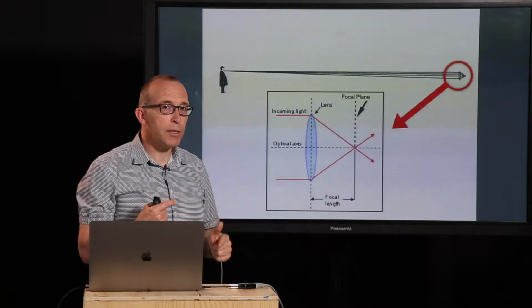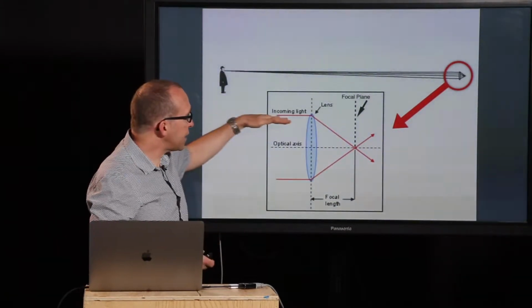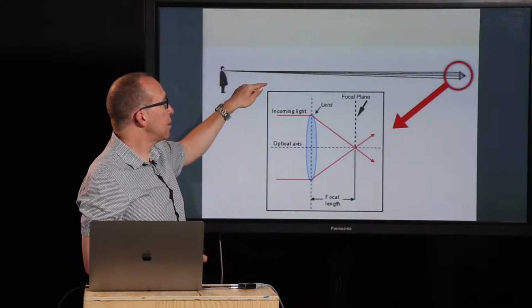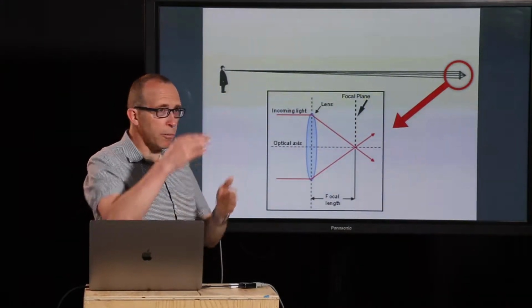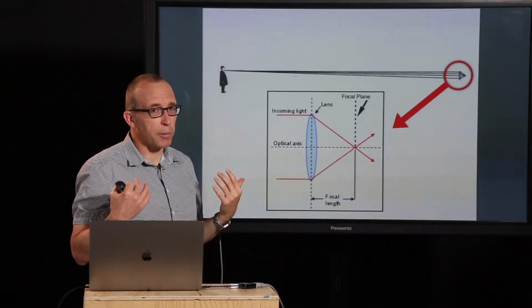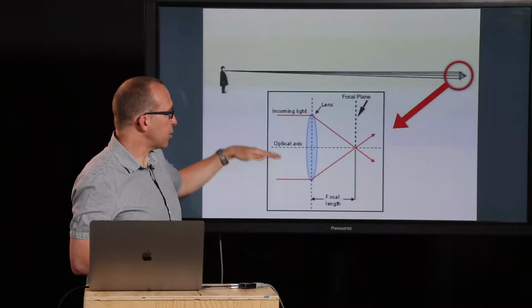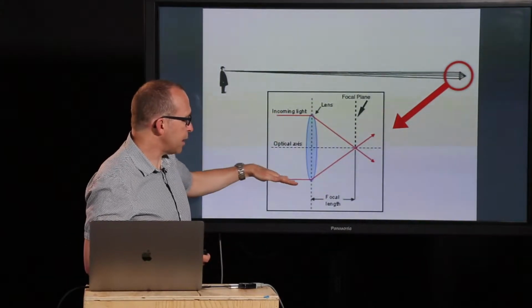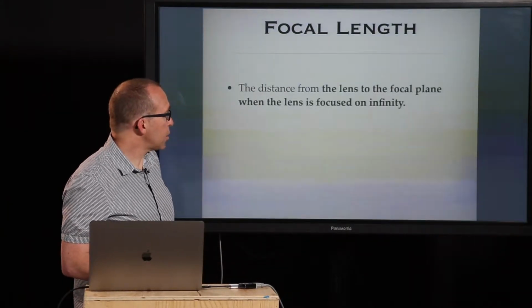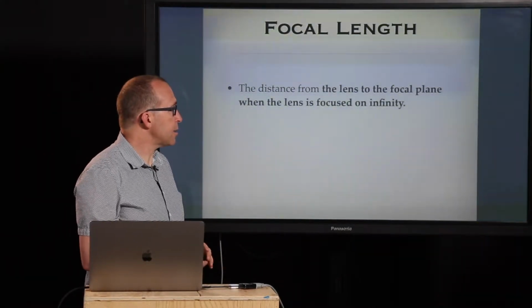And when that happens, that's when we've reached infinity. We could probably get some micro measurement and see that they're not quite parallel, but for our purposes, they are. And when that happens, we've reached this area called infinity. So you can see the lines coming in and they're parallel. So the distance from the lens to the focal plane when the lens is focused on infinity.